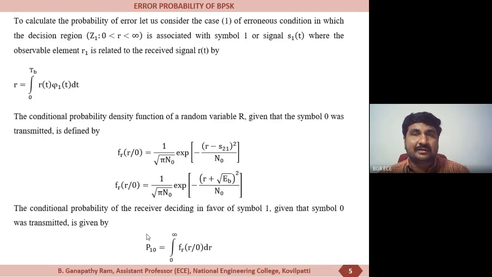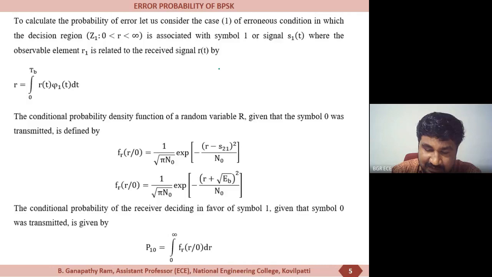So let us start the overall error probability calculation. We can start with the probability of error when the symbol 0 is transmitted, but the received signal point or the observation point occurs in the region Z1, that is between 0 and infinity.